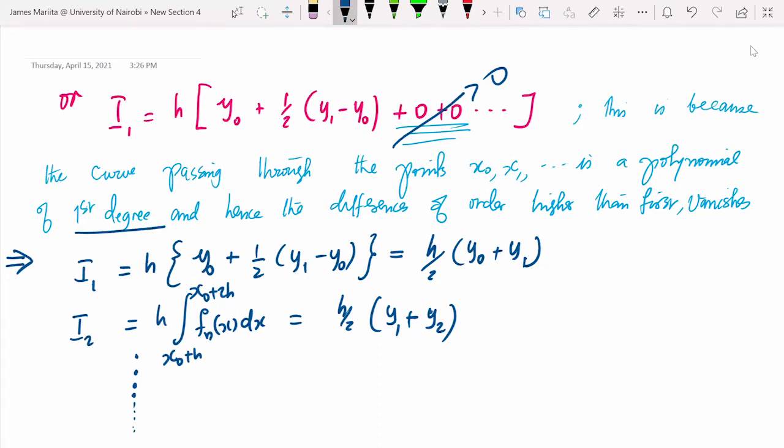So we know the differences higher than the first difference will be zeros. That's why we are able to get the first integral as h over 2 times y0 plus y1. And in the same way, the second sub-integral will be h over 2 times y1 plus y2. Remember the figure that we drew before. So we are now talking about the y's, y1, y2, y3, and so on, up to yn.